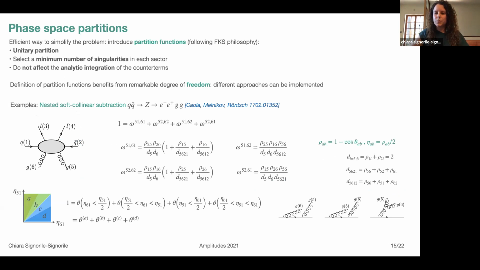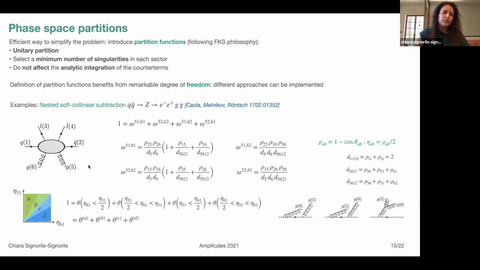And one of the possible solutions is, as I mentioned, a phase space partition, an idea taken from the FKS scheme. So in this slide and in the following, I would like to present two possible approaches. One is the nested soft collinear subtraction, and the other one is the analytic sector subtraction implemented in Torino.